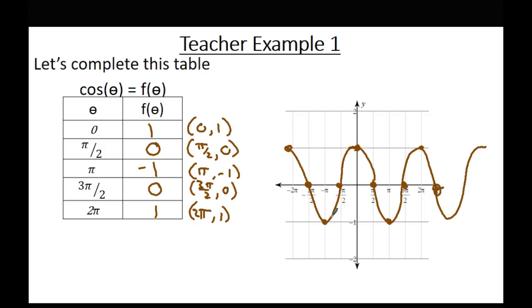So that's what cosine looks like. And it just does that forever. It just wiggles back and forth between 1 and negative 1 on both ends, so it never stops. So I'll put little arrows there. Now, if you have a highlighter, you might want to highlight this portion of the graph, because that's what we started with.